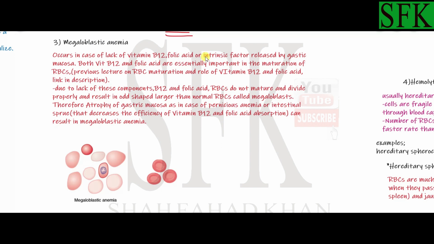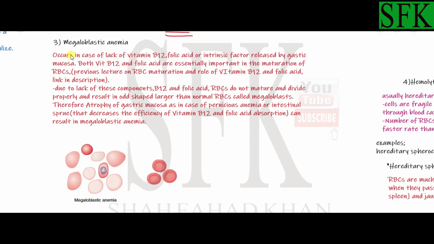I've given a link to this lecture in the description below, so do check that out. In megaloblastic anemia, megaloblasts are cells with a larger, very irregular size, and this occurs due to lack of vitamin B12, folic acid, or the intrinsic factor.